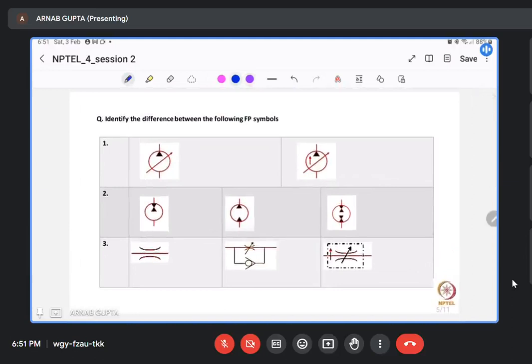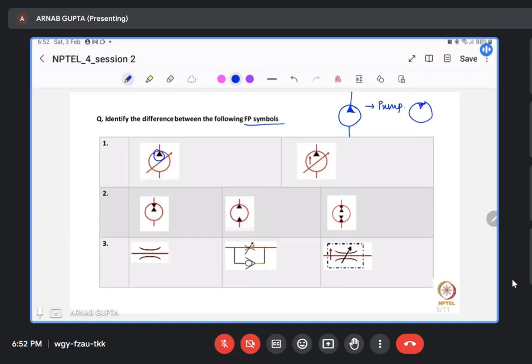Now coming to fluid power symbols. So identify the difference between these fluid power symbols. If you have a symbol that is going outwards from the element, then it is a pump.